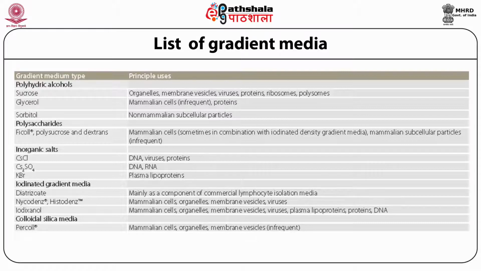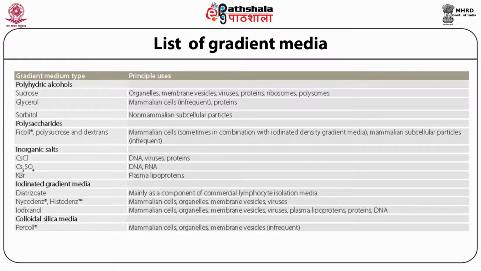So it should not be very sensitive to changes in the pH or ionic strength of the medium. It should not alter the biological properties of the sample. It is a very essential parameter, because if it alters the biological property of the sample, then it is useless. Then it must be non-hazardous and non-metabolized by the cell.